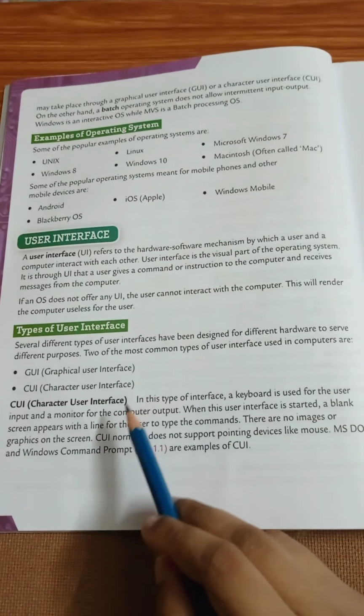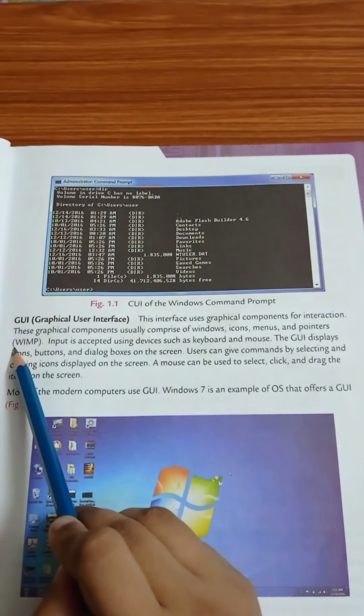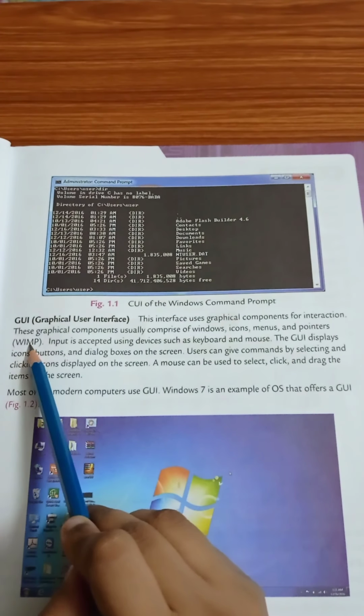Next is GUI, graphical user interface. This interface uses graphical components for interaction. These graphical components usually comprise windows, icons, menus and pointer. Short form is WIMP.